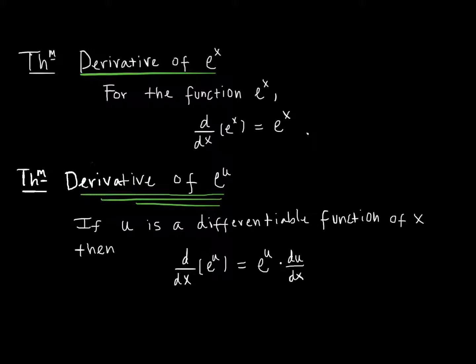Okay, so as we saw previously in that example that I wrote up here, you could have some function e raised to a power, where that power is itself some function of x. Something is actually happening to x there, as opposed to it just being x. And so if u is a differentiable function of x, then the derivative with respect to x of e to that function is equal to e to that function, of course we've seen that previously, times the derivative of u with respect to x, meaning times the derivative of this function with respect to x.